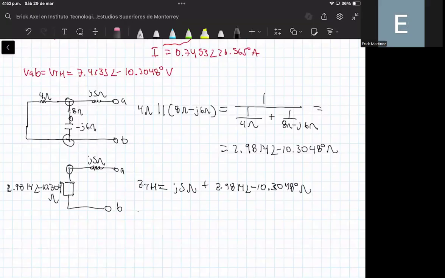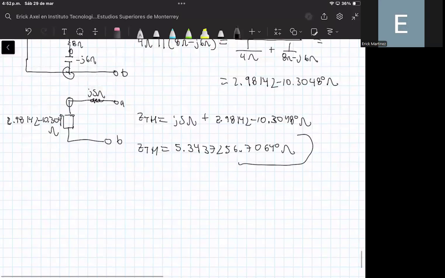Okay, so this is equal to the following value, that is 5.3437 with an angle of 56.7064 degrees ohms. Okay, this is the value of the Thevenin impedance, and the impedance that ensures maximum average power transfer is the conjugate of the Thevenin impedance.